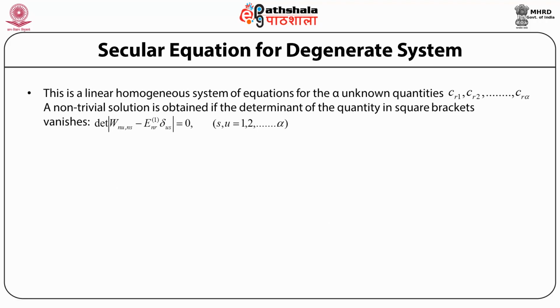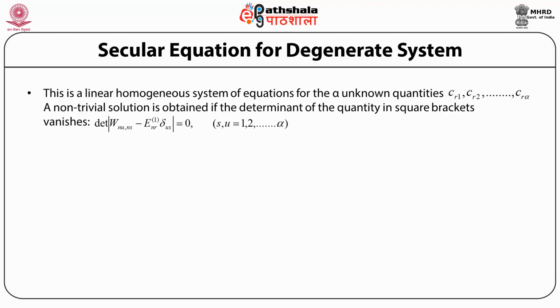This is a linear homogeneous system of equations for the alpha unknown quantities CR1, CR2 till CR alpha. A non-trivial solution is obtained if the determinant of the quantity in square brackets vanishes.